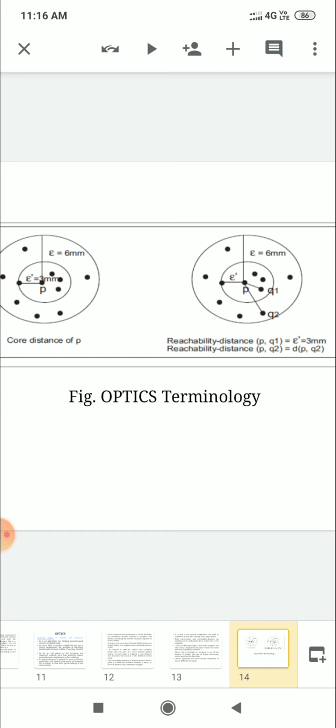The reachability distance of Q2 with respect to P is the Euclidean distance from P to Q2, because this is greater than the core distance of P. Just remember, the reachability distance is a distance with respect to another point.